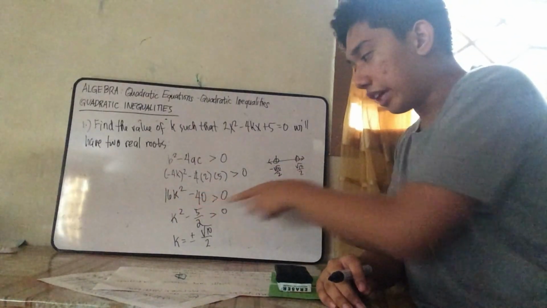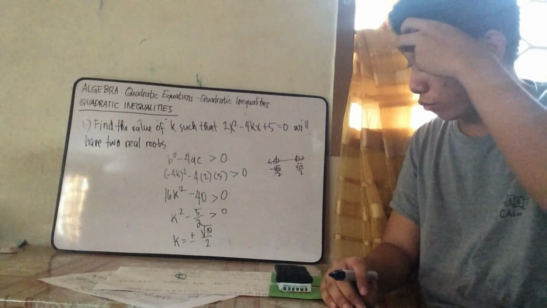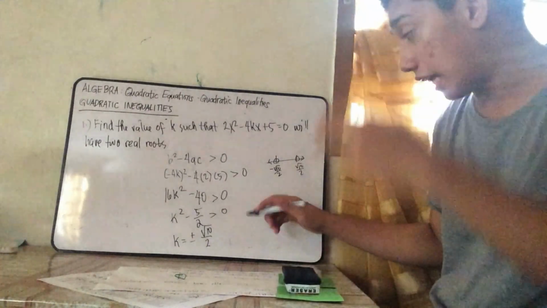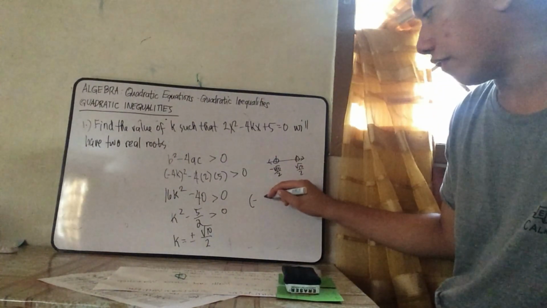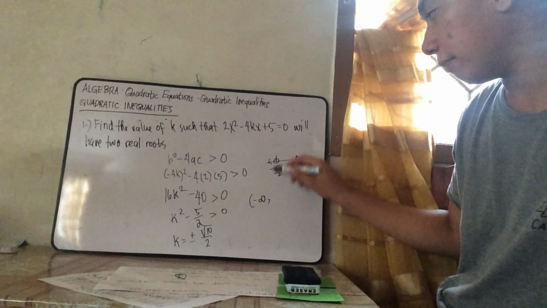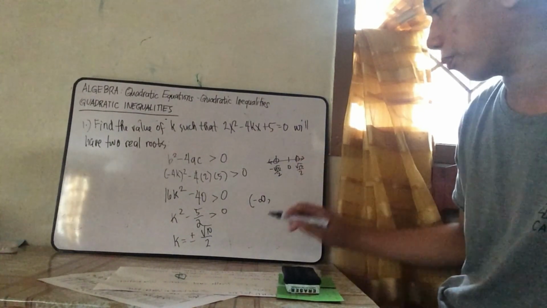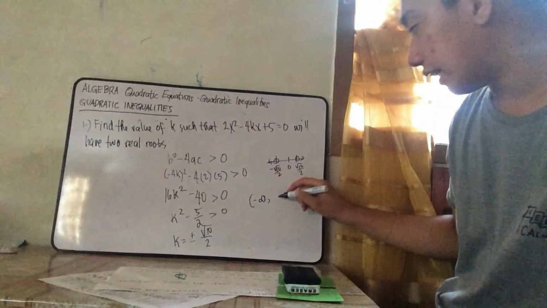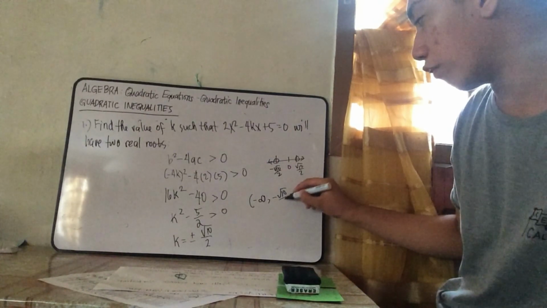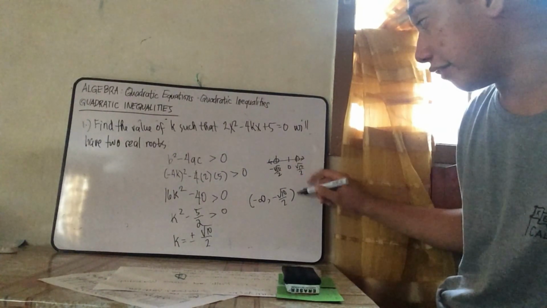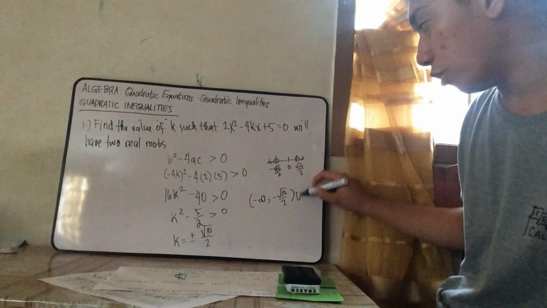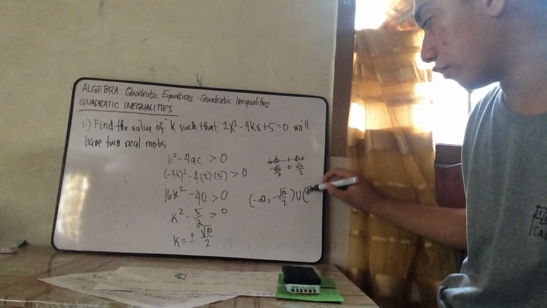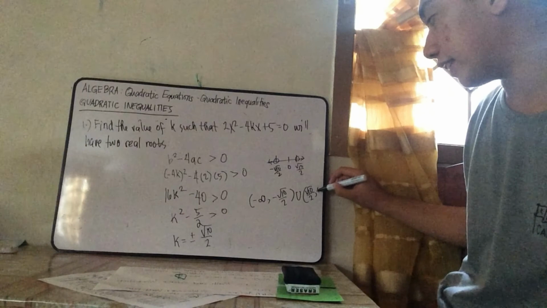We substitute 0 here. Negative 40 is greater than 0, so false. Therefore, ang sagot natin will be in interval notation, negative infinity sa labas, kasi dito yung 0. Negative infinity, negative square root of 10 over 2, exclusive kasi greater than, yun, square root of 10 over 2, positive infinity.